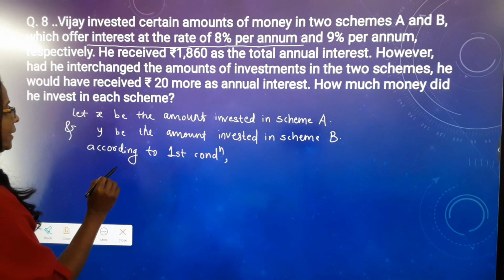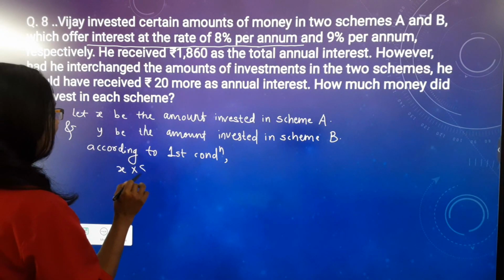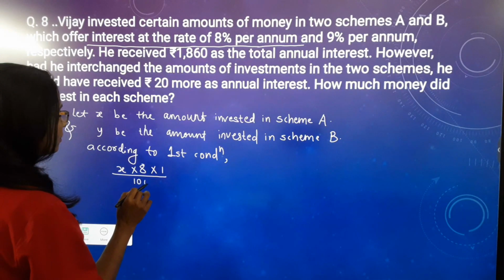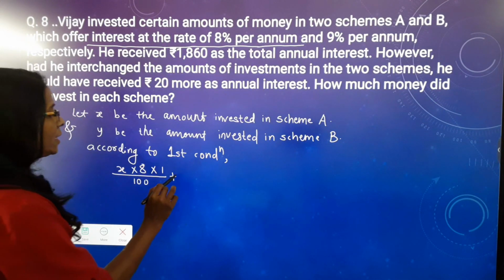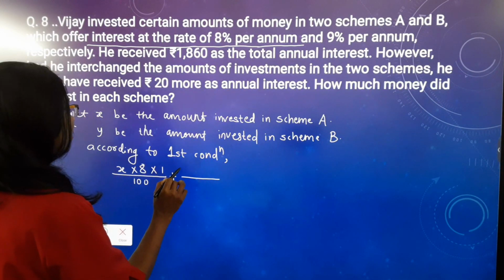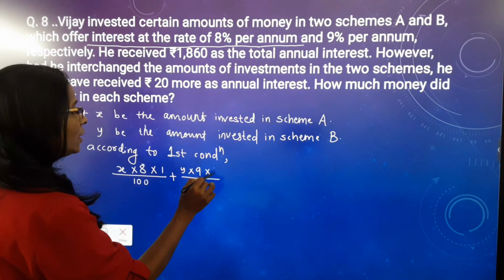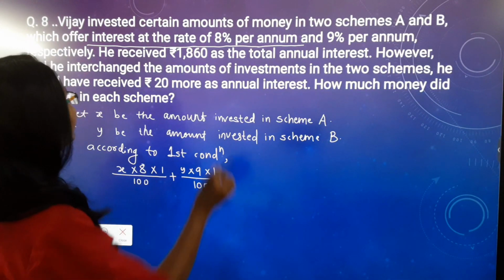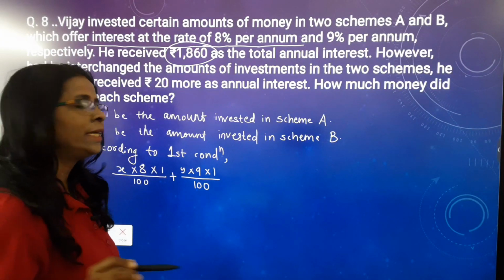So I write x multiplied by 8% multiplied by 1 upon 100, for scheme A, plus for scheme B, y multiplied by 9% multiplied by 1 upon 100. And the total interest is rupees 1860.